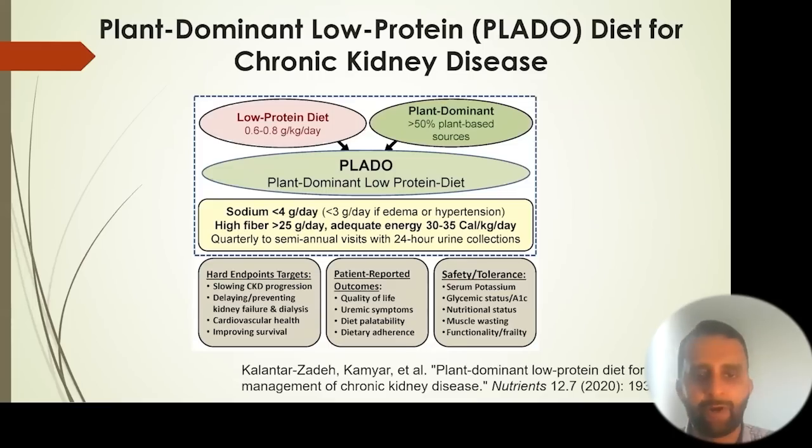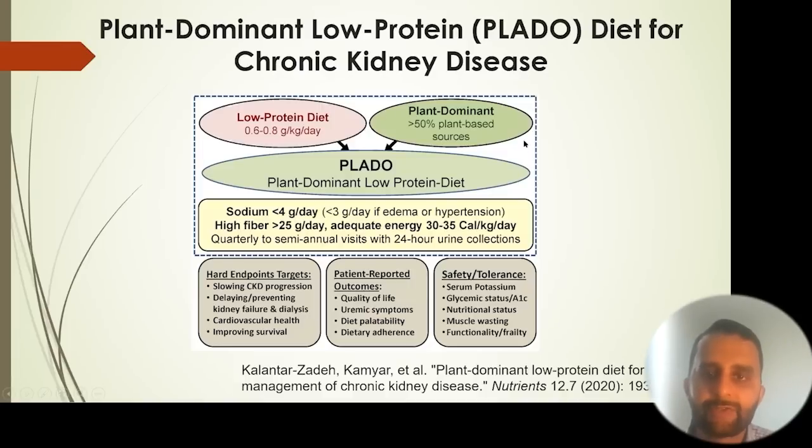And the work of myself and several of my colleagues has led to a reconsideration of what a renal diet is. And we're moving towards adopting this diet called the PLADO diet, which stands for the plant-dominant low-protein diet for kidney disease. And this may be what the future renal diet looks like. It represents avoiding too much protein to avoid taxing the kidneys, as I mentioned earlier.